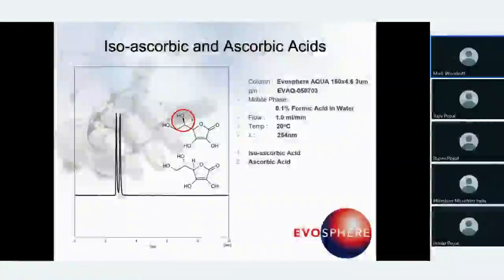In this case, just formic acid in water, so slight control of the pH, but a water mobile phase. We gain selectivity and resolution between these two metabolites, even in a simple water mobile phase, by utilizing the correct stationary phase to gain polar interaction with those compounds and therefore gain retention and selectivity.